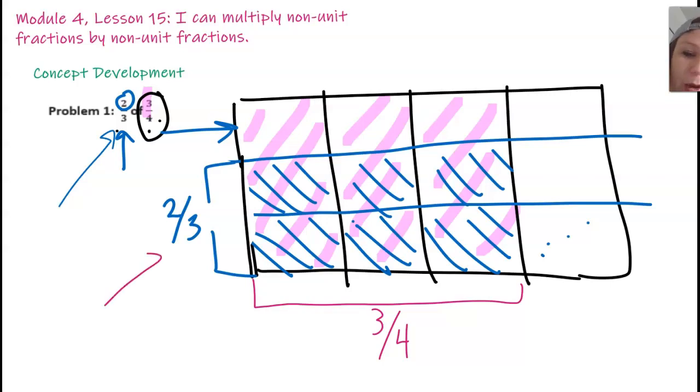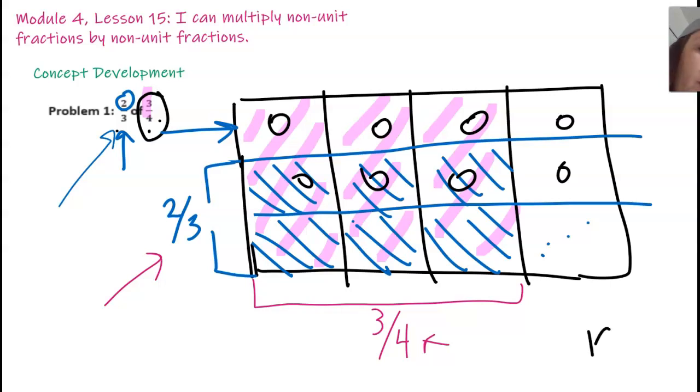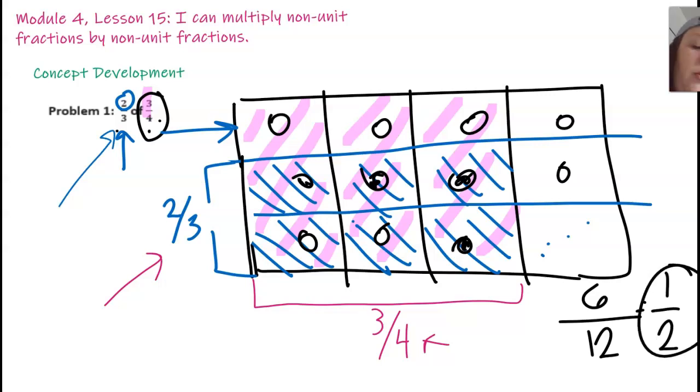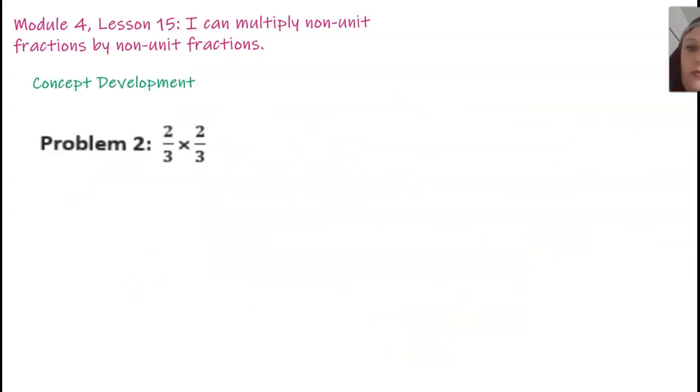So you're finding what is 2/3 of 3/4. Now go ahead and count out how many equal parts the whole is made up of, and you would get 4, 8, 12. How many are double marked? You would get 1, 2, 3, 4, 5, 6. 6/12. Now if you reduce this down, you'll also get 1/2 as we did before.